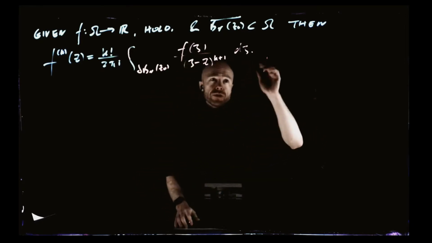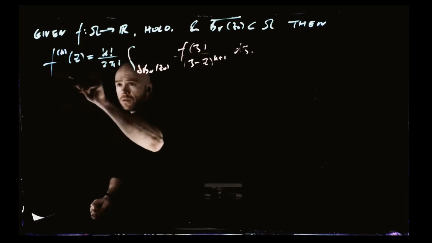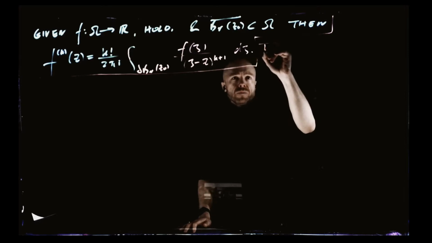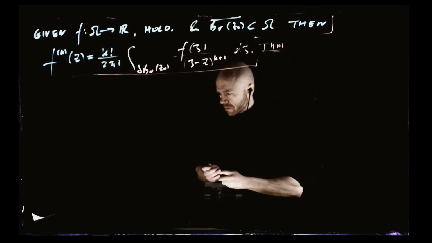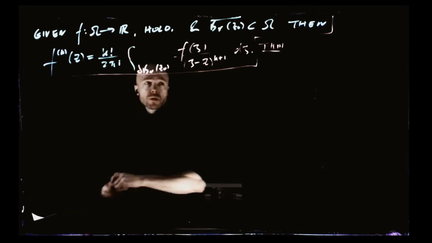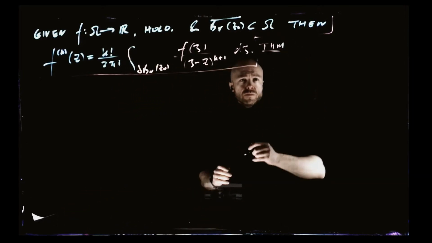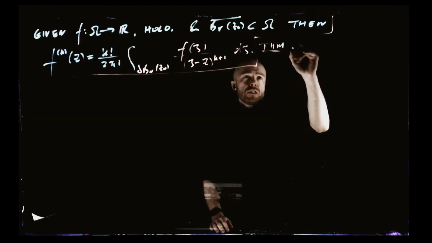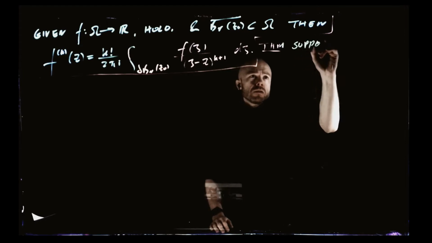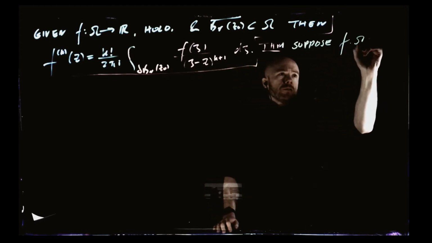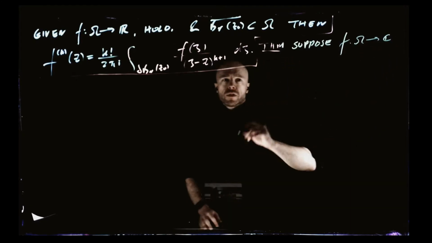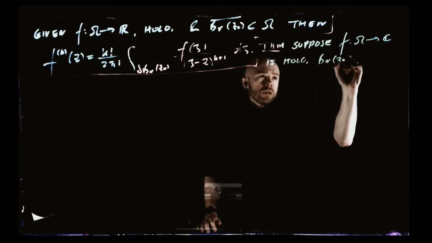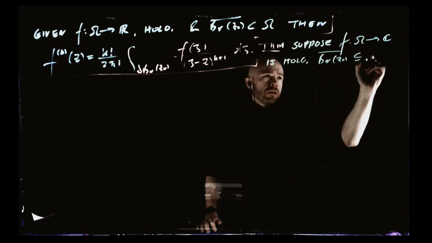Another thing is the following estimates. So theorem. If we have the same setup as before, well, actually just write it again. So suppose f from omega to C is holomorphic, and again we have a ball like this whose closure is contained within omega.